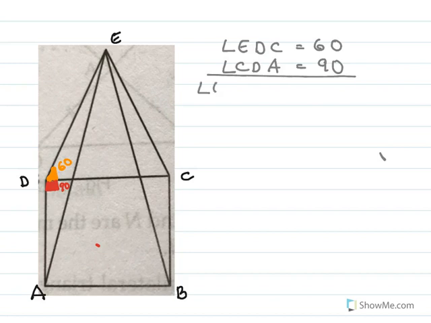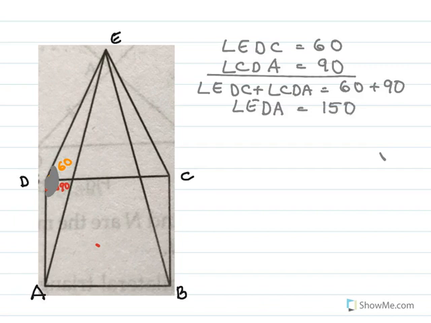So when you add up, angle EDC plus angle CDA equal to 60 plus 90, and here we get the full angle, this entire angle, which is angle EDA equal to 150.